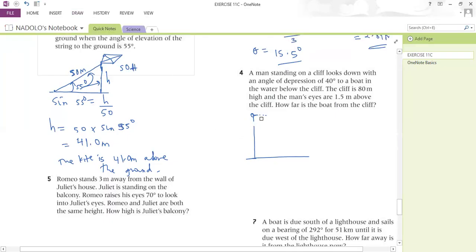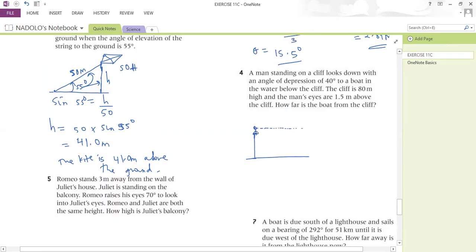So it is always good to sketch. It will give you a vision of what is happening. So this is the cliff, and then this is the man. So if this is the height of the man, the eyes are here. You can call it eye level, from where the man is looking.